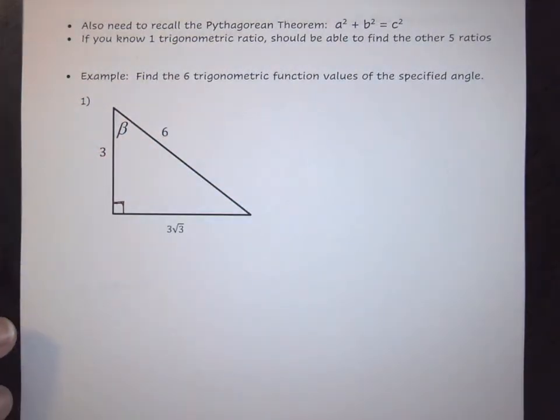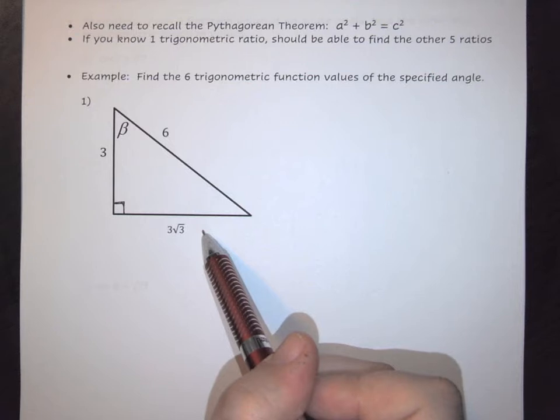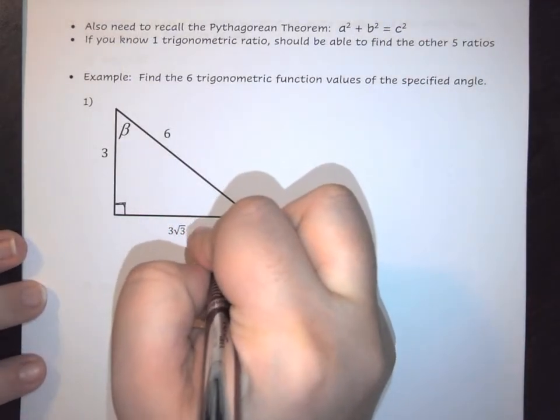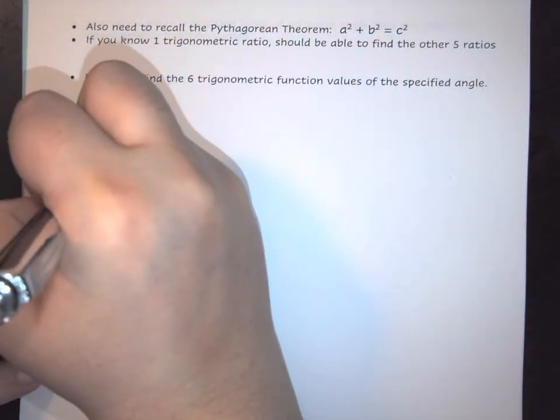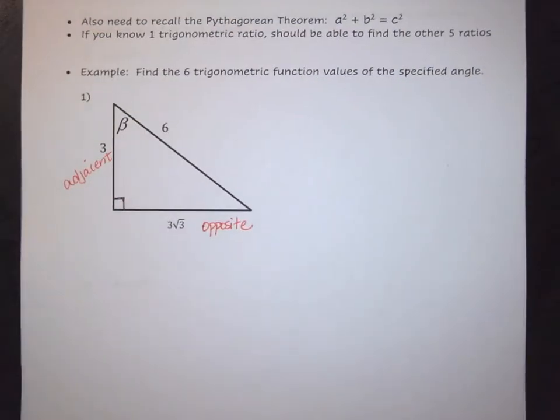One thing that you can do to help is you can always label your sides according to the angle provided. So in this case, we know that this would be your opposite, and this side would be the adjacent. Obviously, the long side is always your hypotenuse.